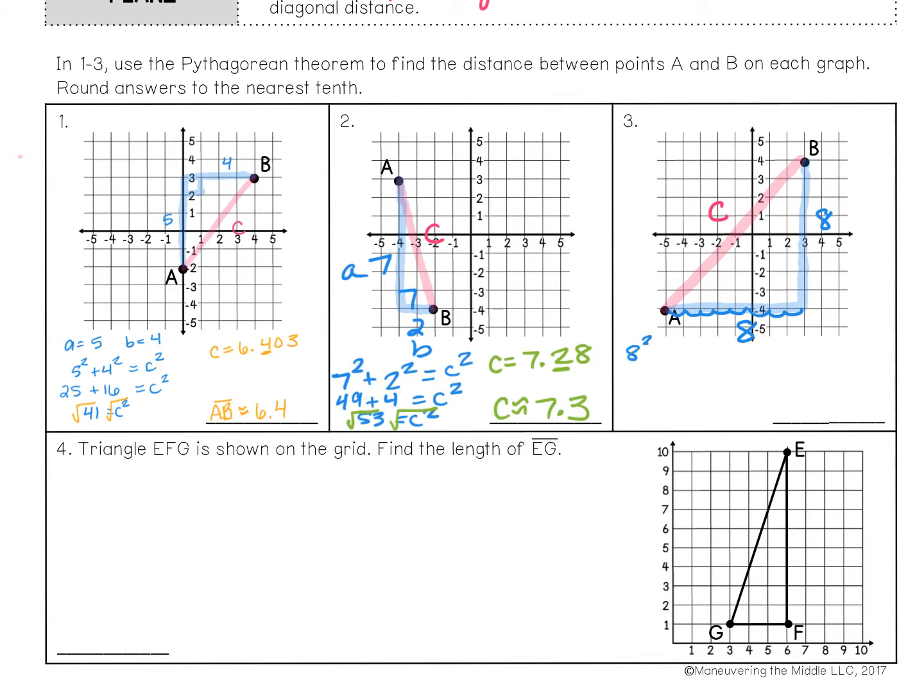So 8 squared plus 8 squared equals C squared. 64 plus 64. That gives me 128. I'm going to take that square root, and I get that C is approximately 11.3.